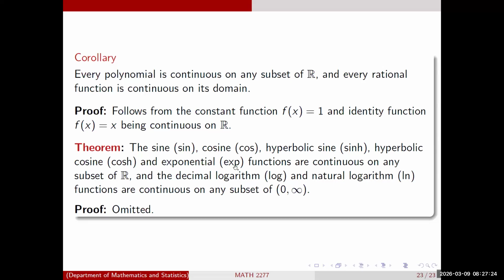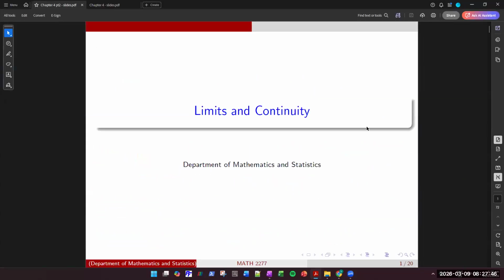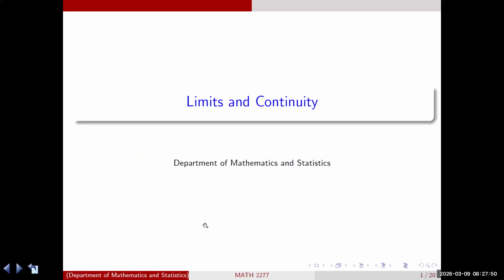In fact, square root is also continuous. The logarithm, natural log, are also continuous functions. So all of these you could show are continuous functions. The modulus as well is also continuous. Okay, so that's continuity.